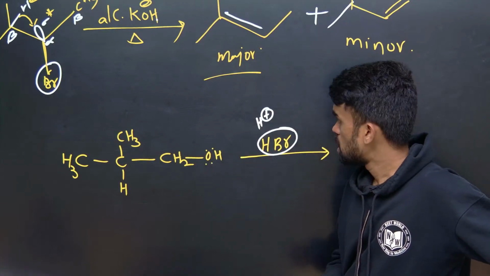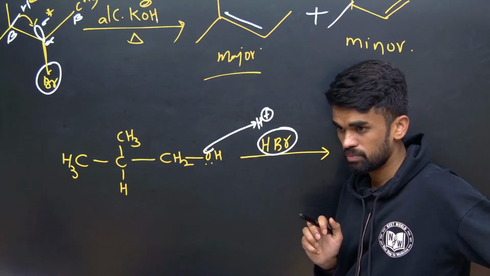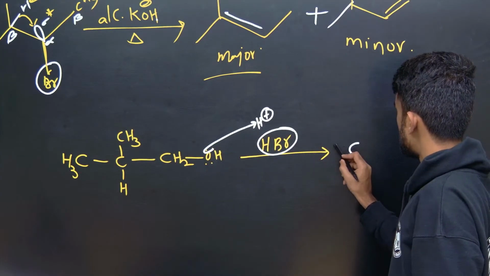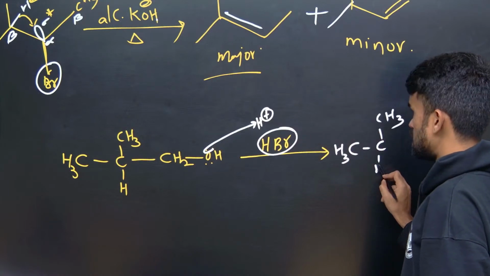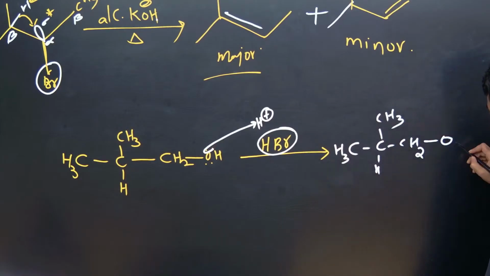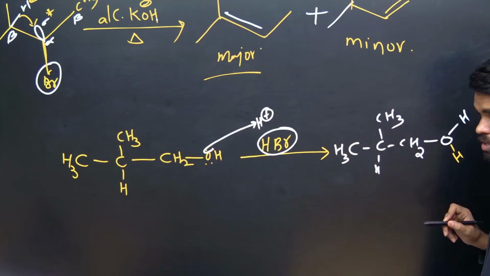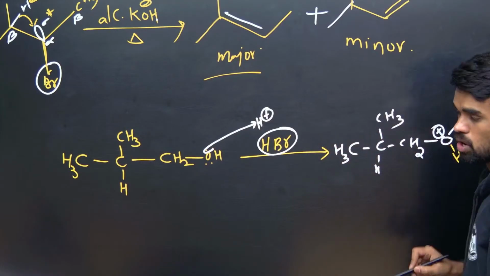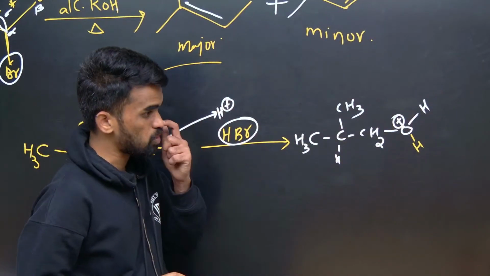Now this OH lone pair of electrons will take this H plus, forming CH3, C, CH3, H, CH2, oxygen. Already one hydrogen is present here and one newly added hydrogen, so now there is a positive charge on this oxygen.